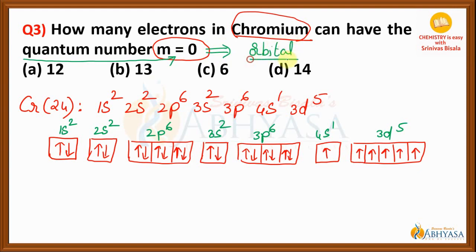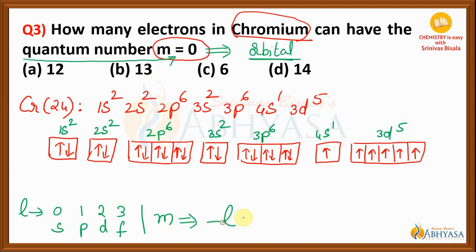So for this one, we need to know that l value 0 means it is s sublevel, l value 1 means p sublevel, l value 2 is d sublevel. If you know the l value, you will easily get the m value. m value varies from minus l to plus l, isn't it?